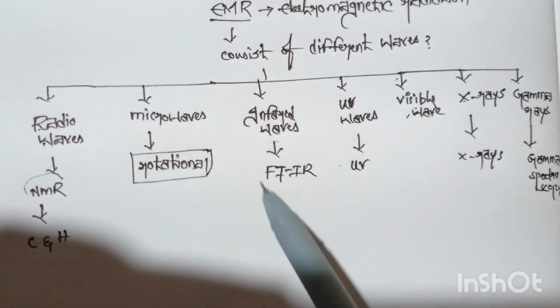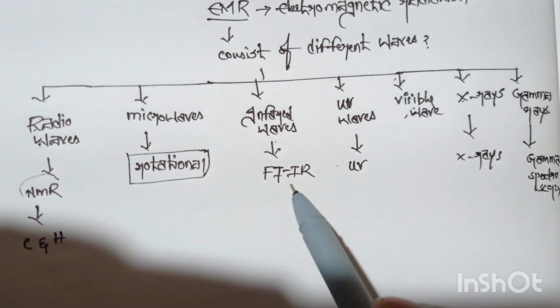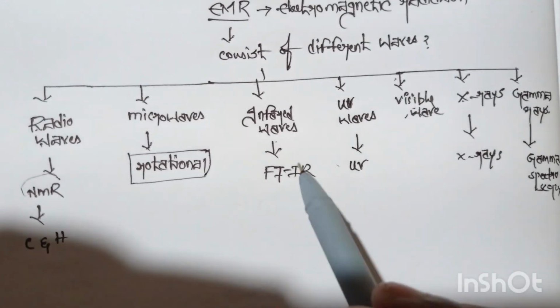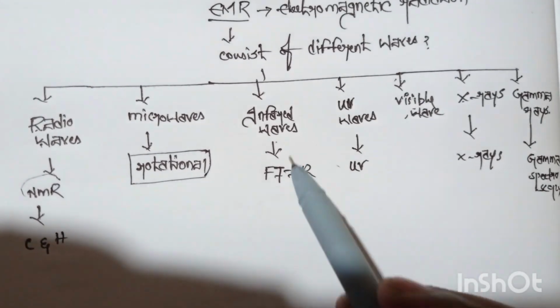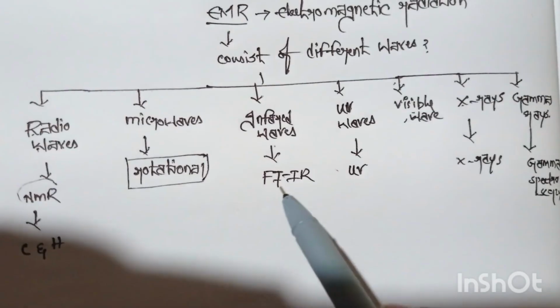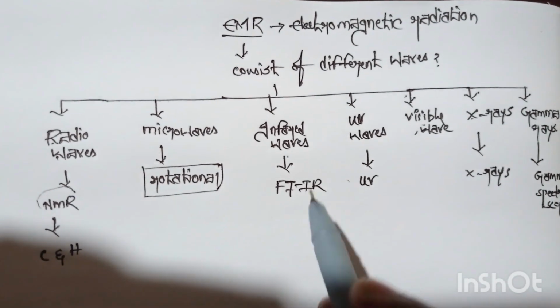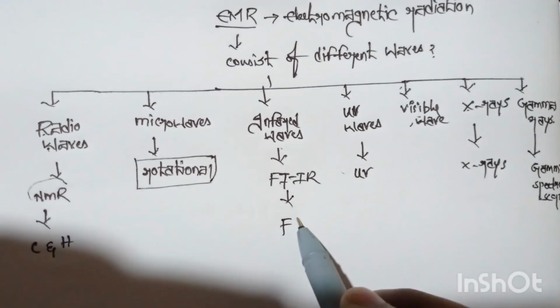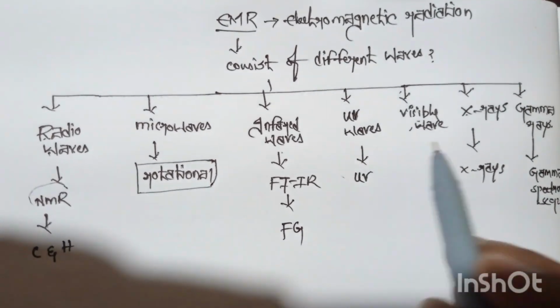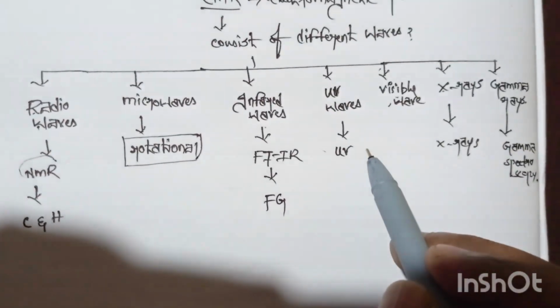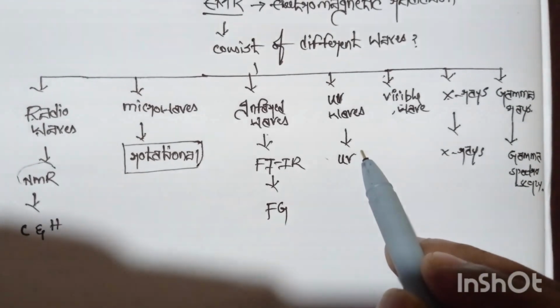Infrared spectroscopy: generally, infrared waves are used in FTIR, Fourier transform infrared spectroscopy. In this spectroscopy, functional groups can be estimated. In UV-visible spectroscopy, conjugation or aromaticity can be estimated.